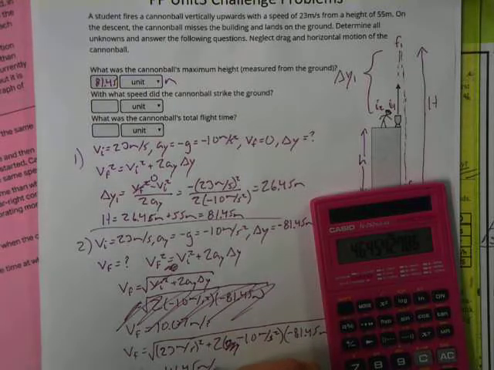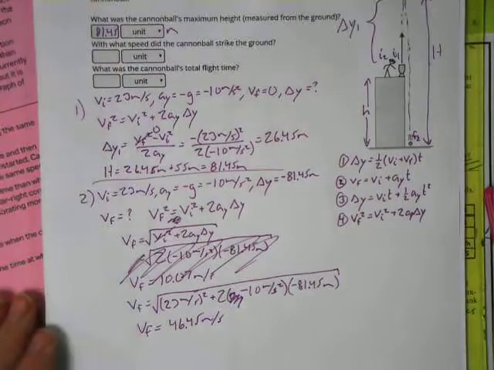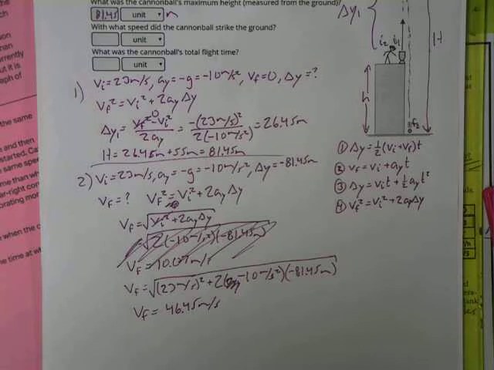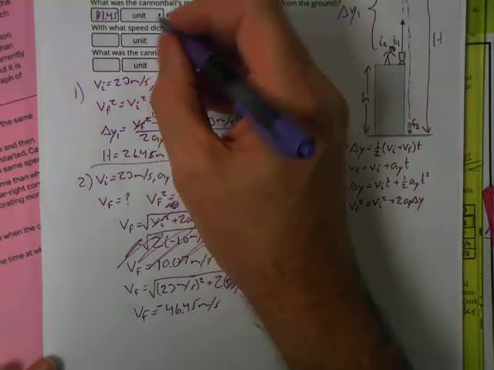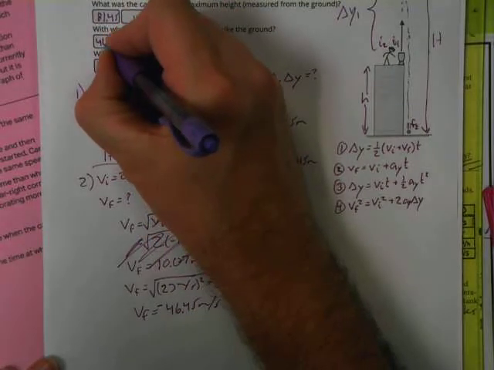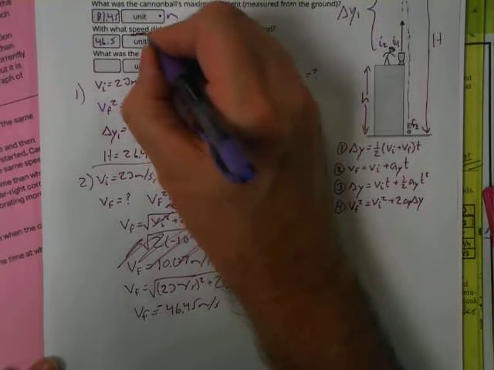But I have to be smarter than my calculator. That means I have to recognize that what comes out of a radical is either positive or negative, and this one is negative because it is going downward. Now they did ask for speed, so 46.45 is fine, or 46.5, just because they asked for speed.